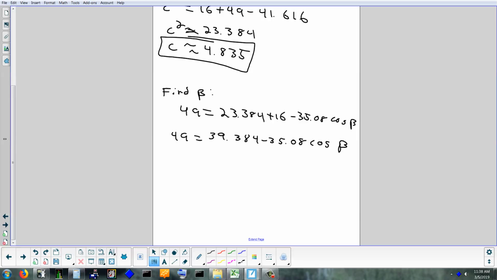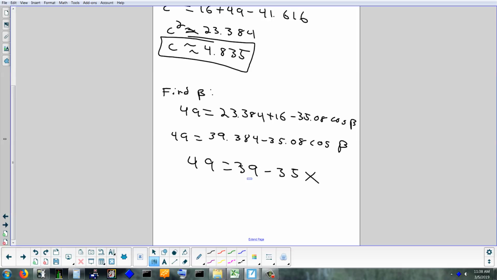All right. Now, what would I do next? This is a part where sometimes people make a mistake. Yeah? We're going to subtract 39.384. Yes. This equation is basically just like this. You can't do 39 minus 35 because they're not like terms. The 35 is multiplied by a variable that you don't know.